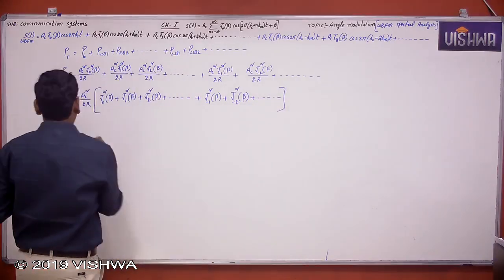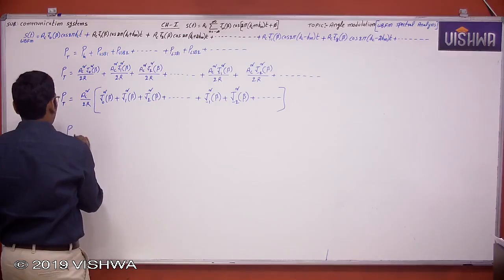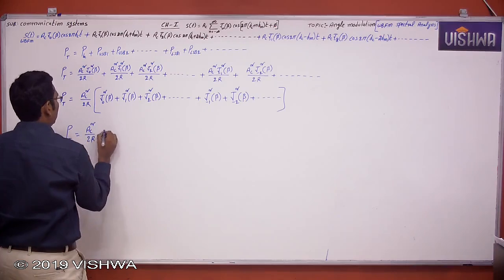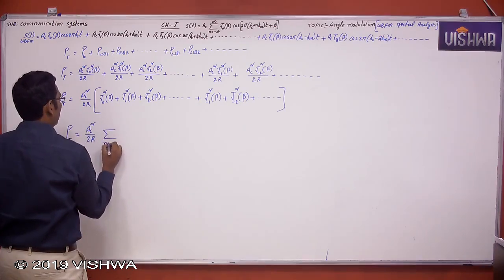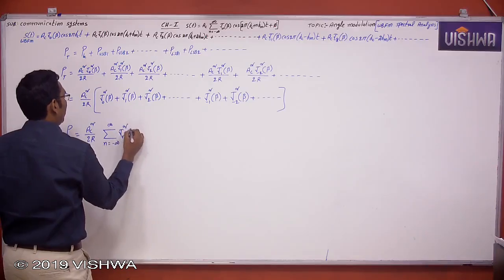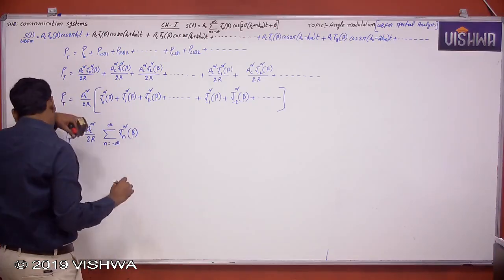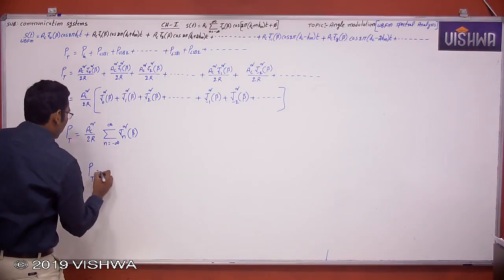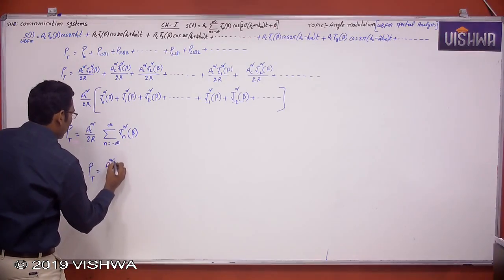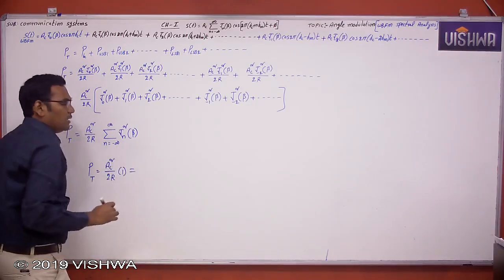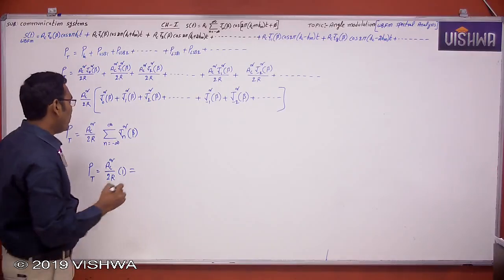So the total power is equal to Ac squared by 2R times the summation n equal to minus infinity to infinity of Jn squared of beta, the sum of squares of all the Bessel function coefficient values, which is equal to 1. So the total power is Ac squared by 2R into 1, which is nothing but the same as the unmodulated carrier power.